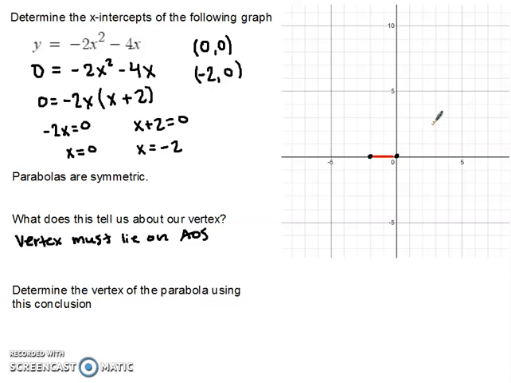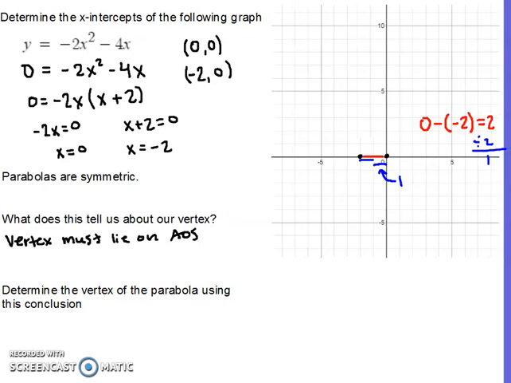So I will start with my 0 and I will subtract a negative 2. And I figure out that the distance between my 2 points is 2, which means that half of it must be on the left of my axis of symmetry and the other half will be on the right of my axis of symmetry. So if I take my 2 and divide by 2, I get 1, meaning that the distance on either side of my axis of symmetry is 1.